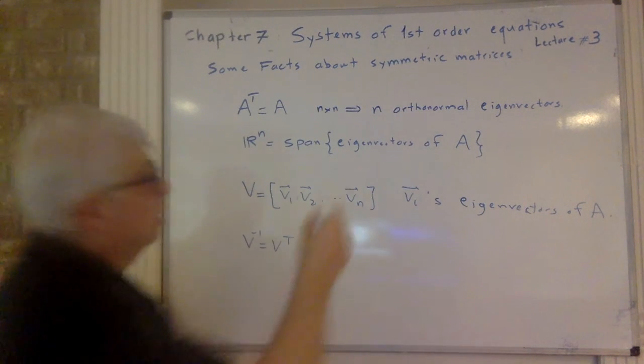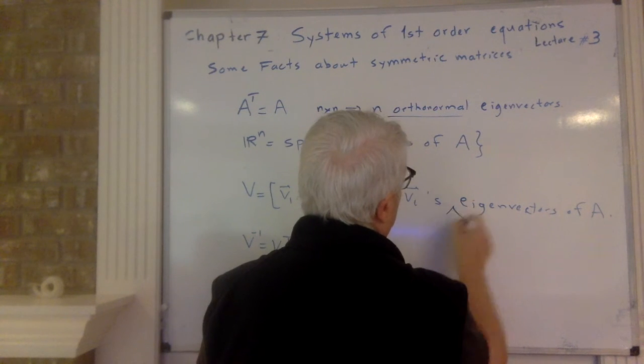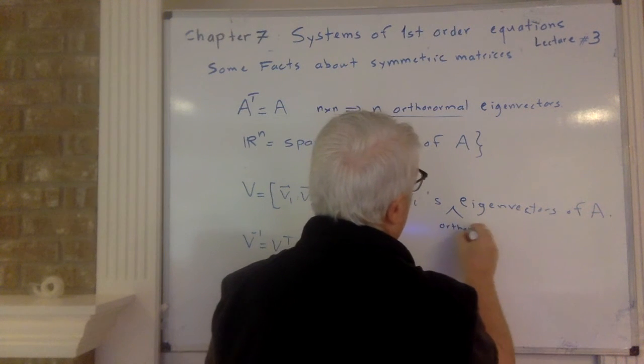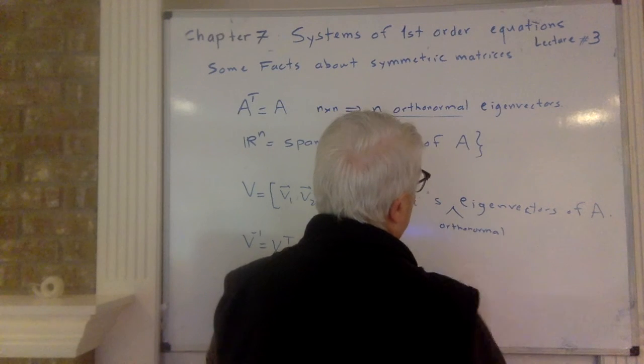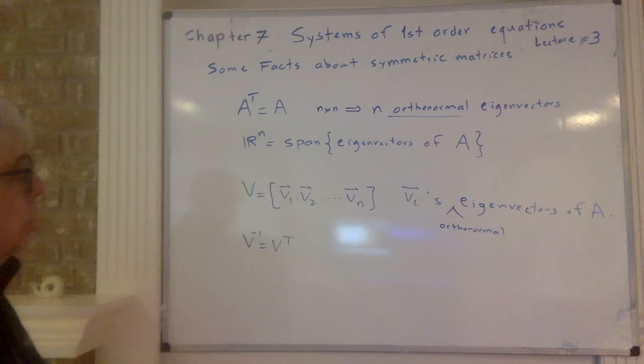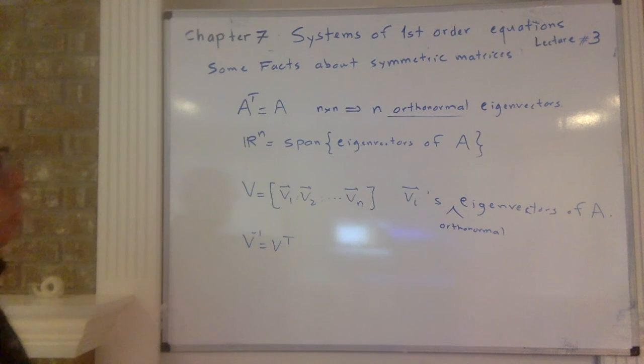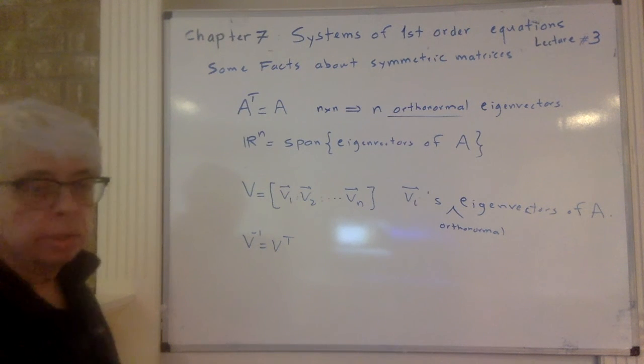And remember, I have orthonormal eigenvectors. Orthonormal. So, if I have an n by n symmetric matrix and I find eigenvectors, then those eigenvectors span Rn.